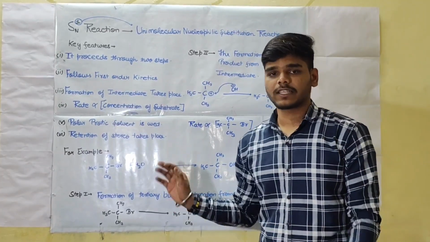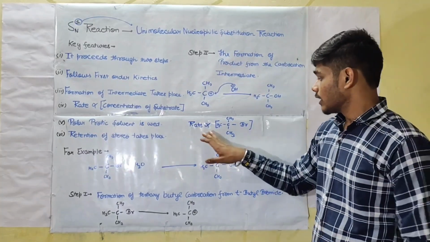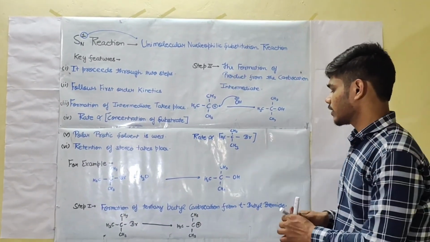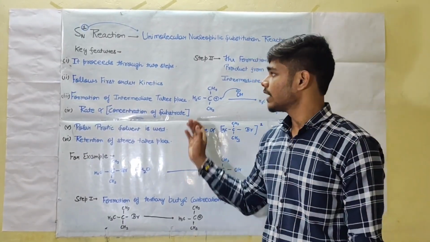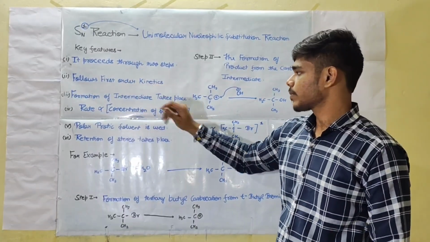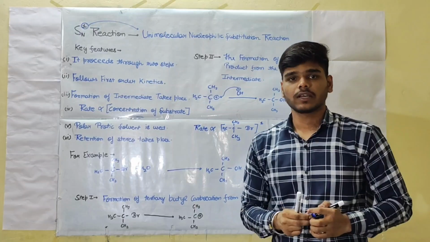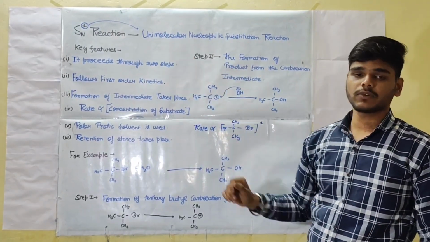So here we see that the rate of reaction is directly proportional to the concentration of tertiary butyl bromide raised to the power 1, due to which we call SN1 reaction as it follows first order kinetics.